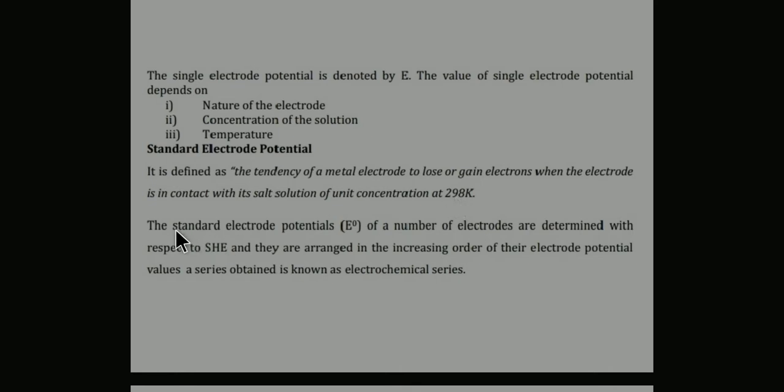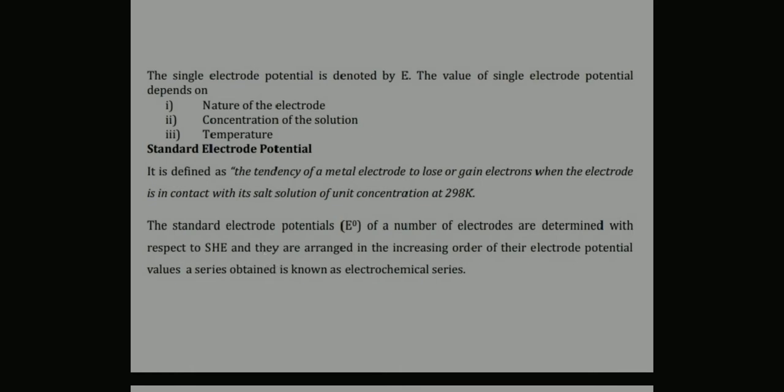Okay, so now this standard electrode potential E naught is determined with respect to SHE. SHE means standard hydrogen electrode. The standard electrode potential E naught value can always be determined with respect to the standard hydrogen electrode.